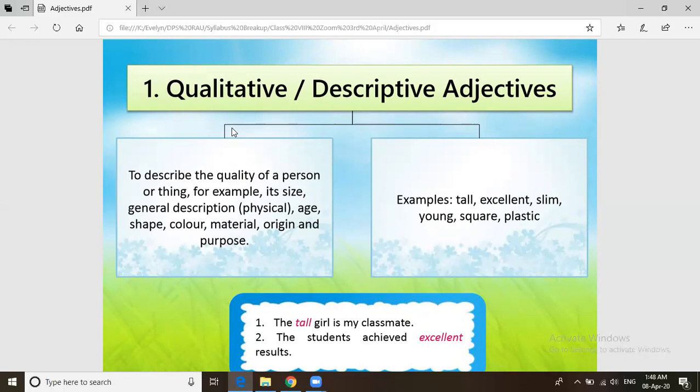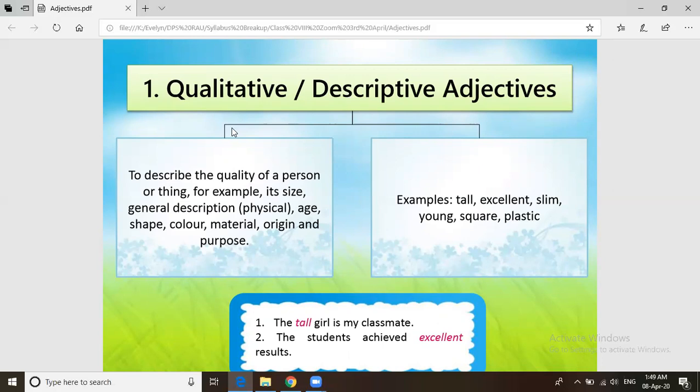Then you can describe using the age, old, young. Then you can describe the shape, shapeless, shapely, or the color, pink, red. And useful, it's a useful thing, it's a useless thing. So all these words are describing something.